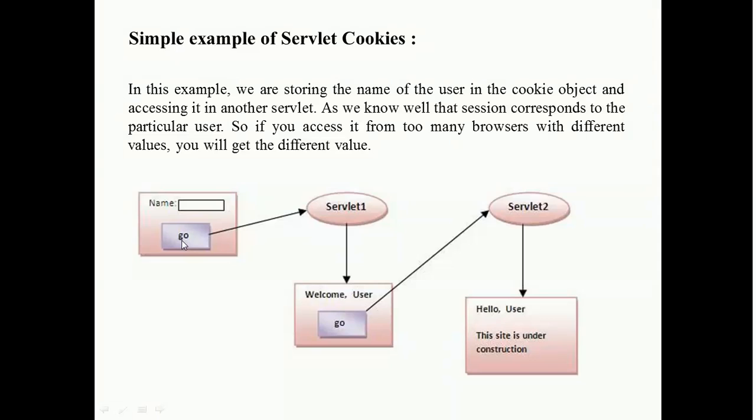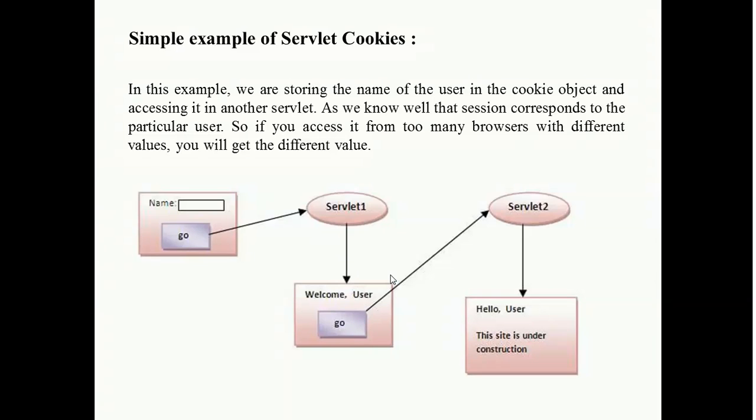After clicking on the go button, it passes to the first program, servlet program 1, and in that page we display in the web browser welcome user with one go button, and when the user clicks the go button, it goes to the second servlet program and prints hello user. So in cookies we need to create two Java programs.